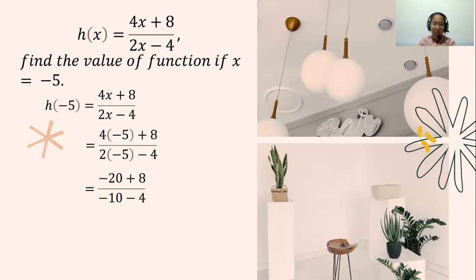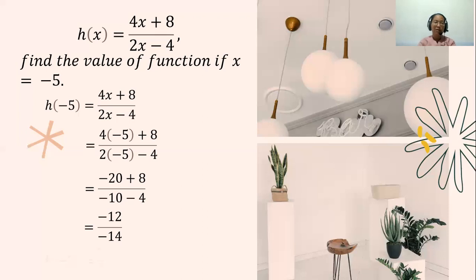Simplify each part of the fraction. Negative 20 plus 8 is negative 12, and negative 10 minus 4 is negative 14. So we have negative 12 over negative 14. Lastly, to find the value of h of negative 5, we need to simplify negative 12 over negative 14.